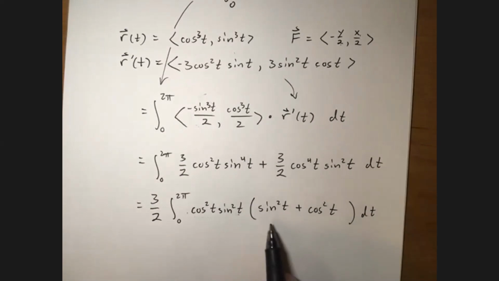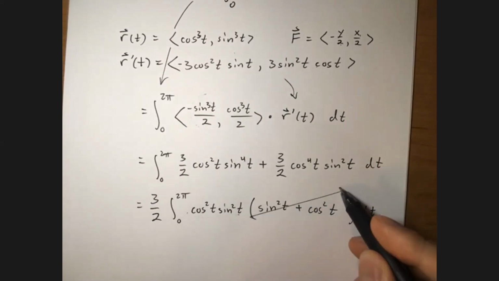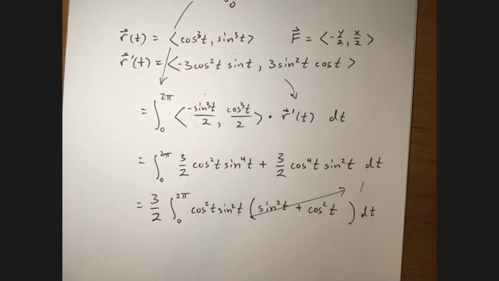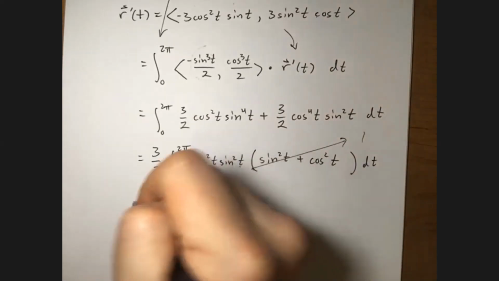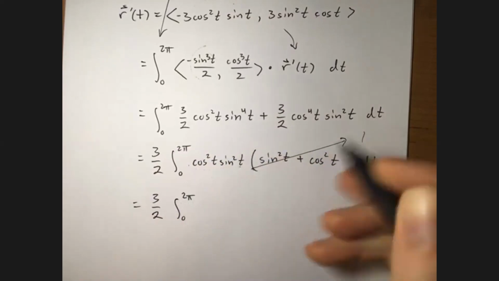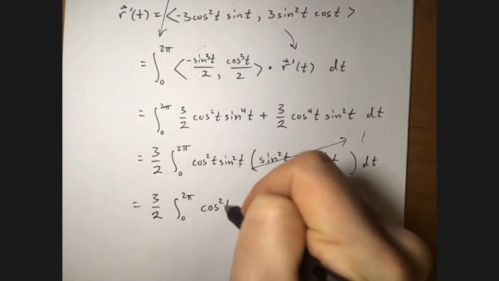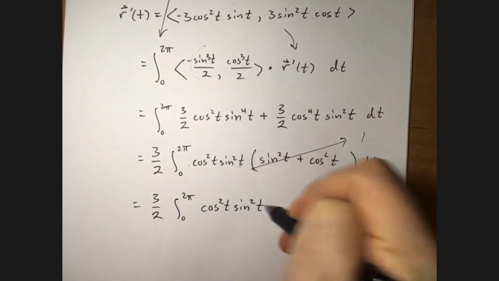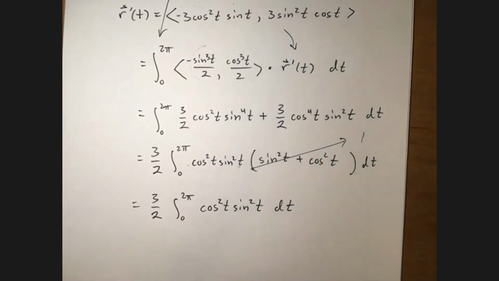Oh, very nice, because I know this thing is equal to 1. So I've reduced my integral to this thing. Okay, so now it's a matter of evaluating this integral, okay?